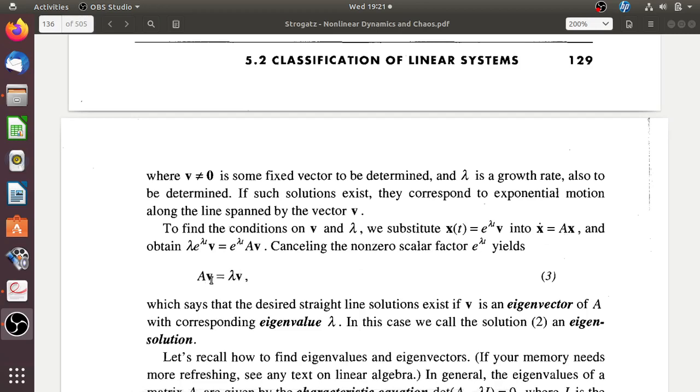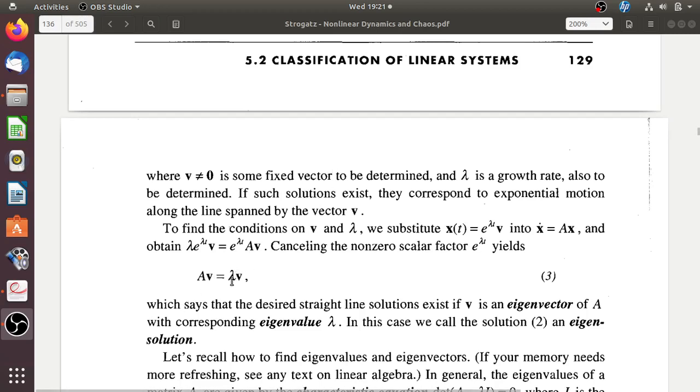So we could calculate v and lambda by considering v as the eigenvector of this matrix A, and lambda as the eigenvalue of the corresponding eigenvector. That's how we will convert this problem. We calculate the eigenvalue and eigenvector, and we'll understand that along the eigenvector we are going to have a straight line as a trajectory.